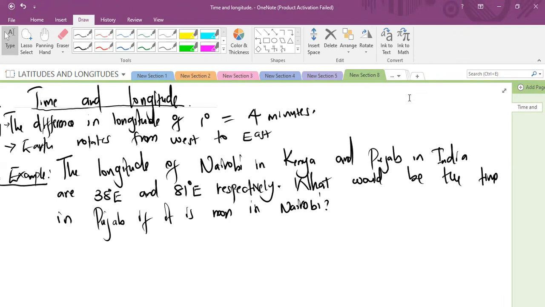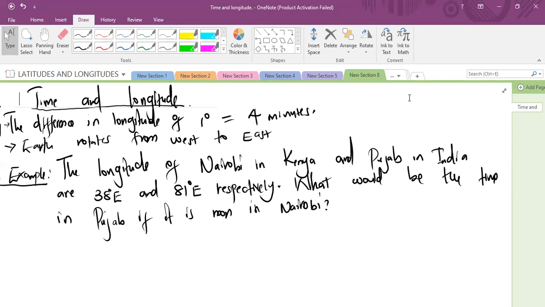That one we should remember when we're evaluating. We also should know that the Earth rotates from west to east, hence the sun rises later at a more westerly place. Similarly, the sun sets earlier in the more easterly place.